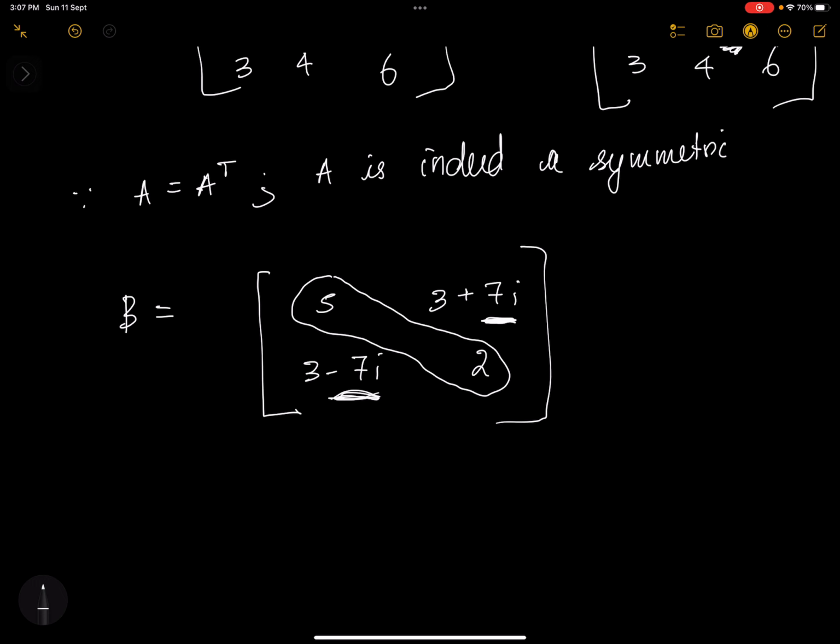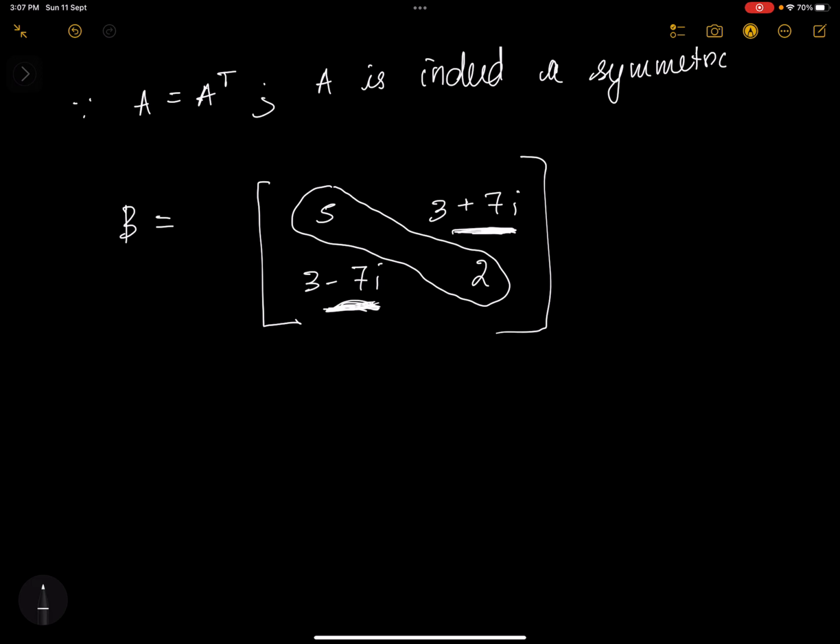Complex conjugates means basically they have the same real part, but the imaginary part is opposite in sign, although they have the same magnitude. And this is what a Hermitian matrix is. So now we can clearly see, if the imaginary part were not there, and the matrix is defined solely by the real part, say 5, 3, 3, and 2, then this is also a symmetric matrix, right?